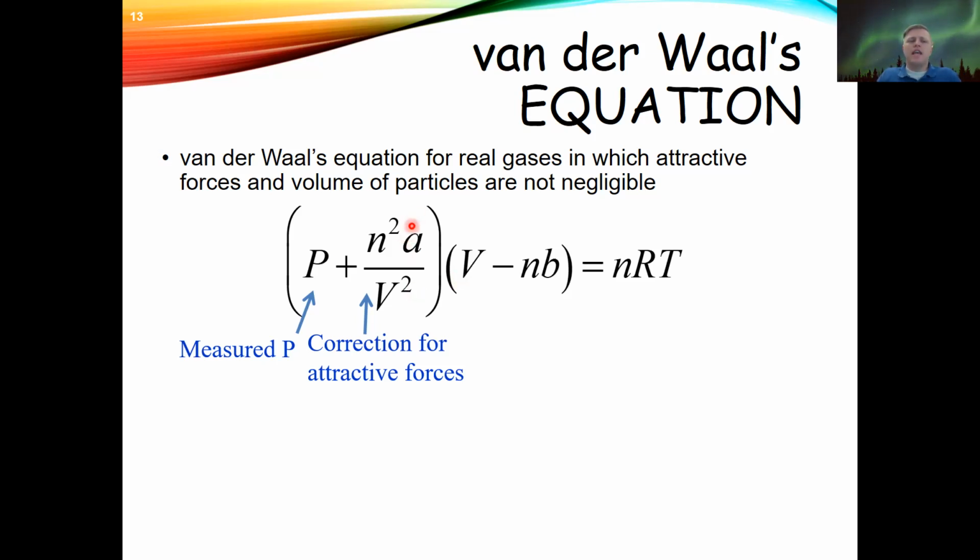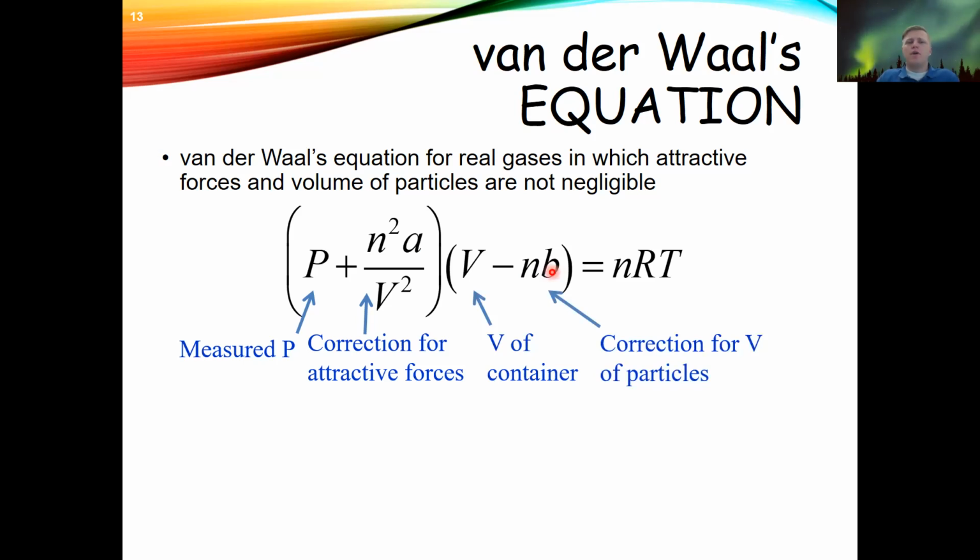And then we have this A term. This A term is a constant for each gas that describes the attractive force. Now, you might think that A stands for attraction, but what it actually stands for was the first letter that van der Waals thought of. Now over here, we still have the volume of our container, but we're also going to start correcting for the volume of our particles.